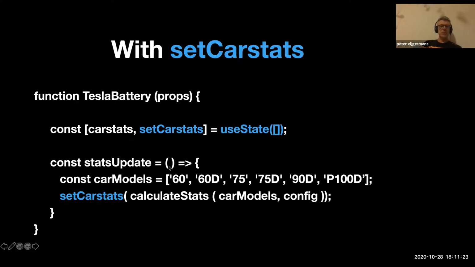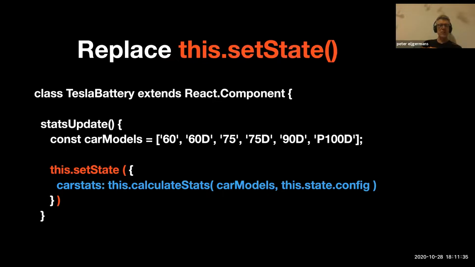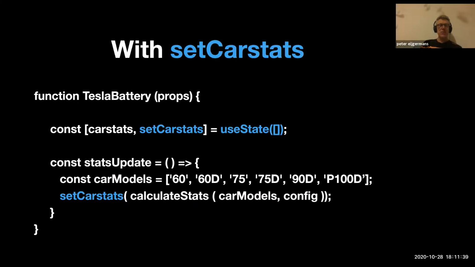It's an arrow function. And I use here the setCarStats. That is the new way of updating my state. The old way was that I had to use the setState. And the new way is to use the setCarStats, which is defined here via the useState React hook.